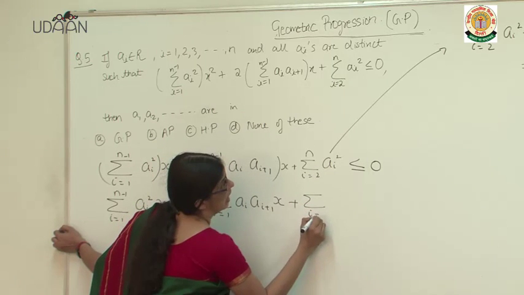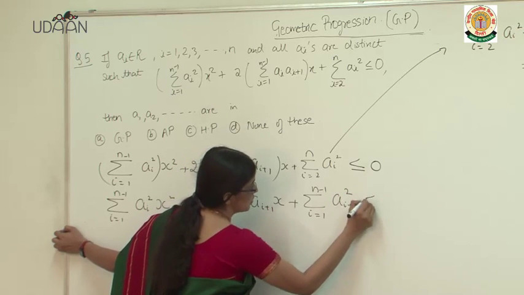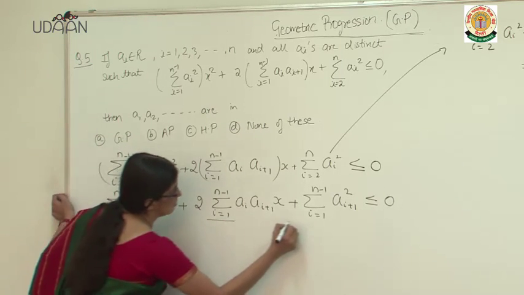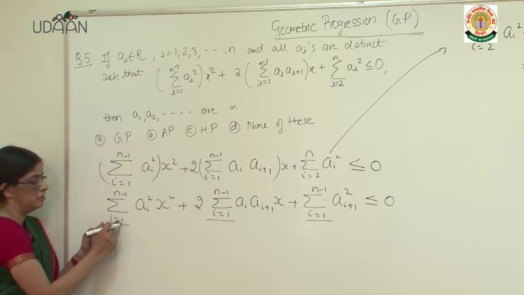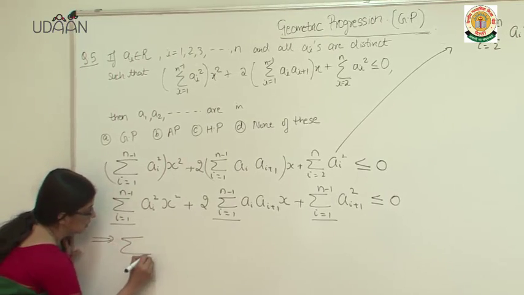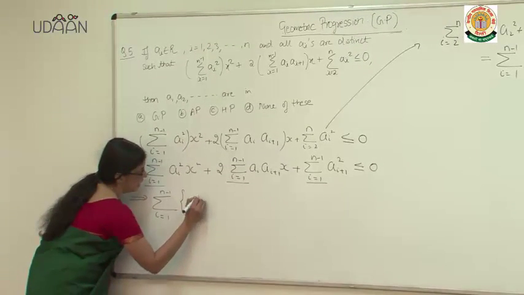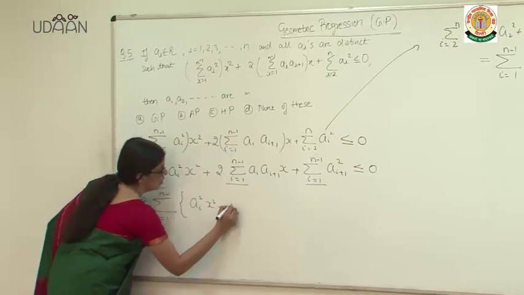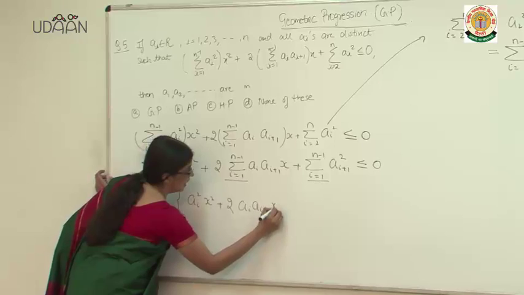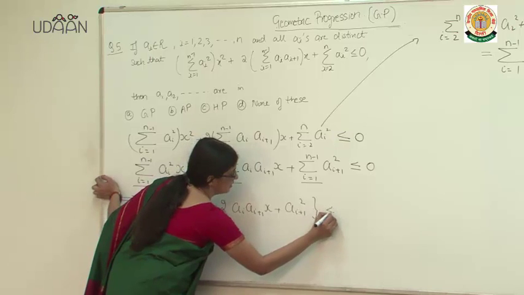We can write it as i varies from 1 to n minus 1 of ai plus 1 the whole square is less than or equal to 0. Now see, each and every sigma, the variable i is varying from 1 to n minus 1. So we can rewrite this equation like this: sigma i equal to 1 to n minus 1 of ai square x square plus twice ai ai plus 1 x plus ai plus 1 square is less than or equal to 0.